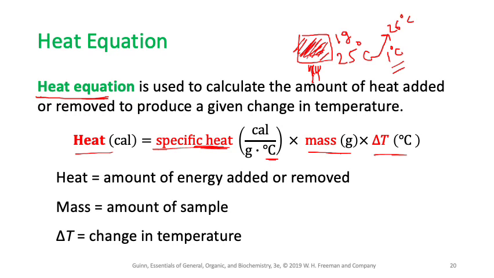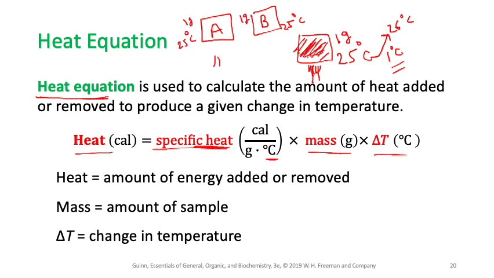One more example. Let's say you have two matter, A and B, and both are at 25 degrees Celsius, and both have the same amount, 1 gram.